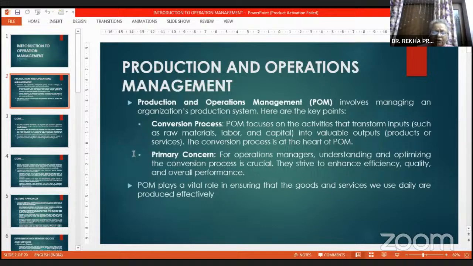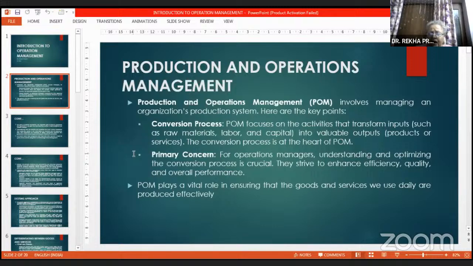So your conversion will be from cotton wool to thread, from thread to cloth, from cloth to cutting, then whatever thing you want, whether you want a dress or a shirt, it will be cut accordingly and then stitched and then delivered. It will be delivered to the consumer according to his or her requirement. That is the main thing.